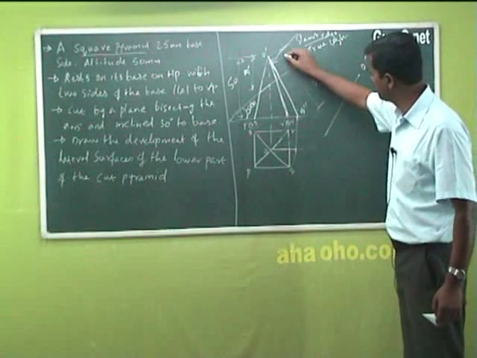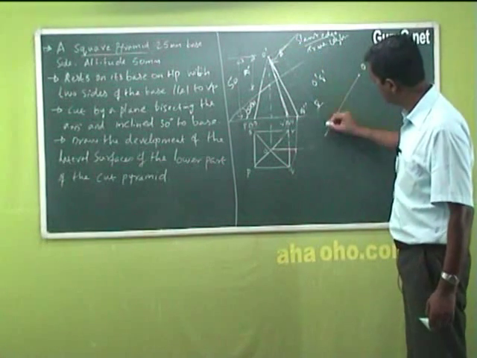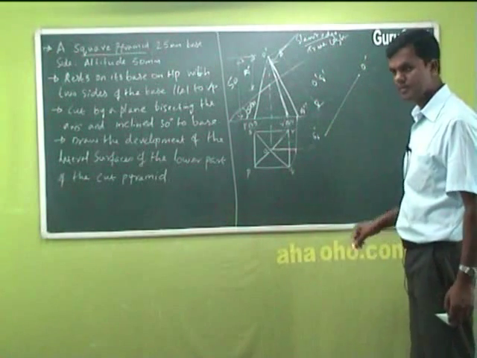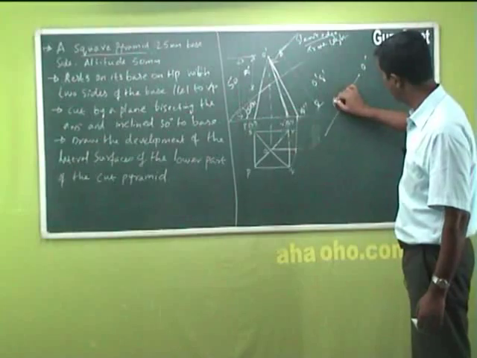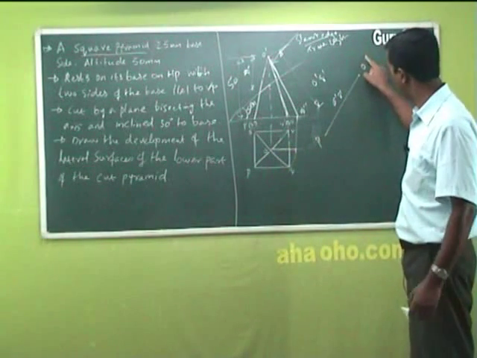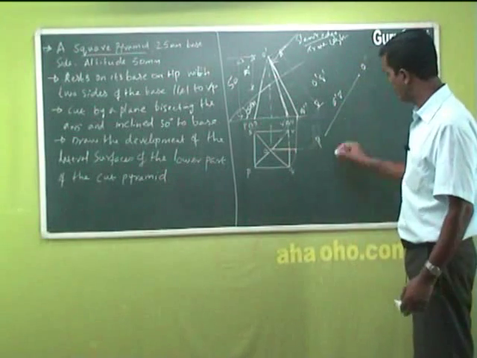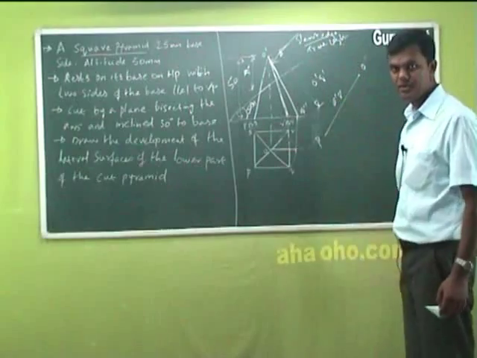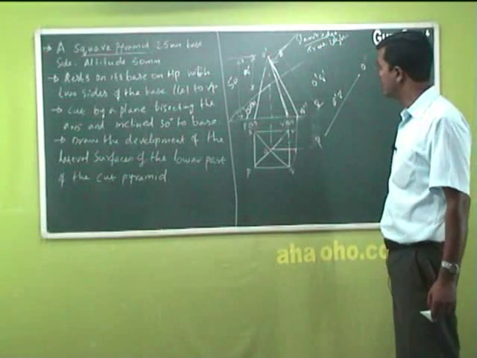Okay, I am just giving an example. So this should be O dash, Q dash, and the starting point may be P, O and P starting. So this length is the true slant edge, the true length of the slant edge.